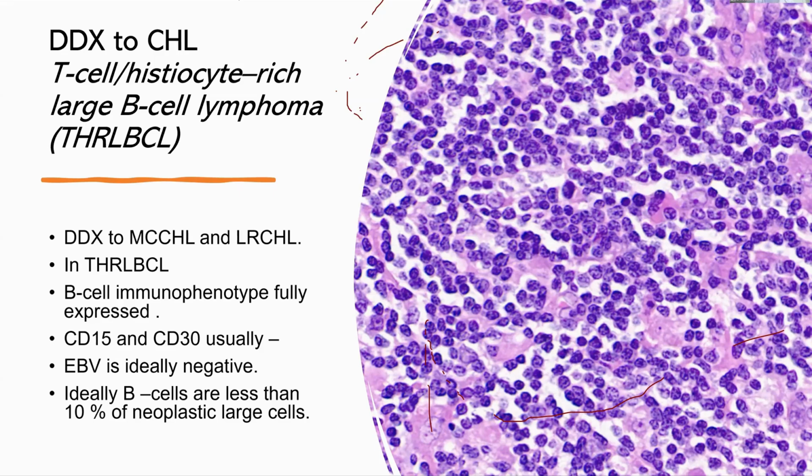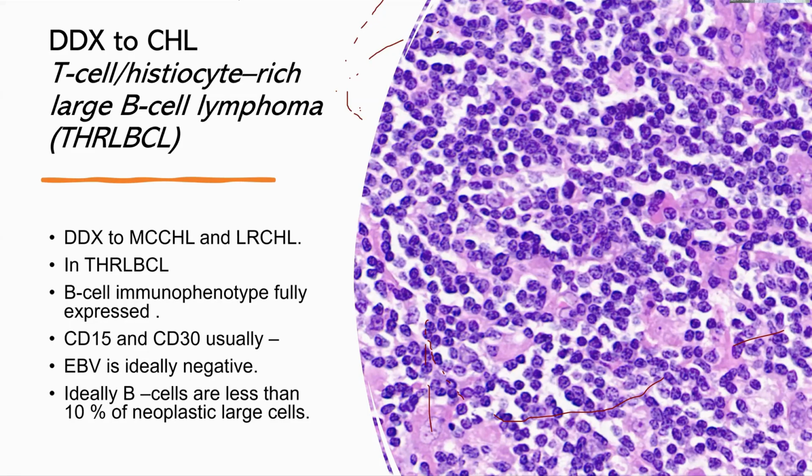But as we mentioned earlier, this is considered technically a B-cell lymphoma. So these larger cells should be essentially negative for CD30 and CD15, but positive for CD45, and the B-cell program, all the transcription factors like PAX5, OCT2, BOB1, and CD20, usually are very strongly expressed in these cells.